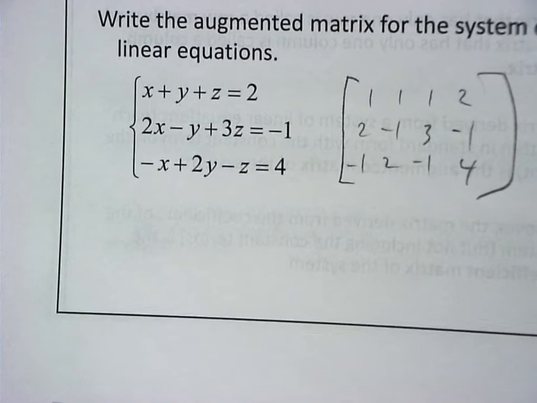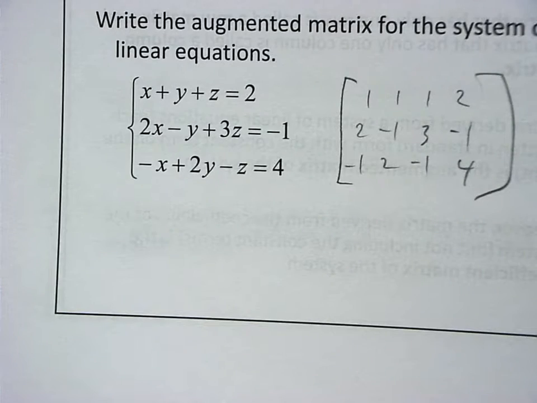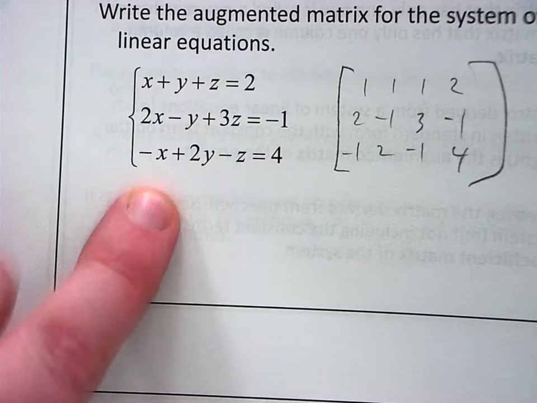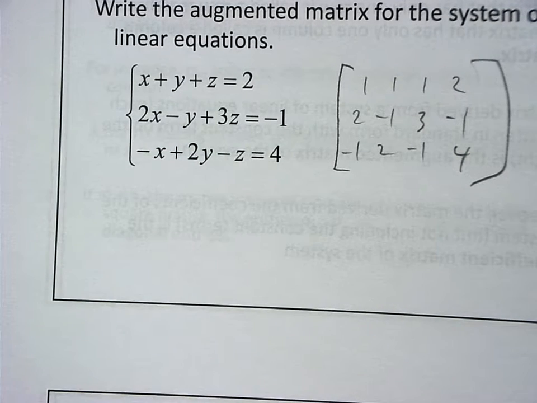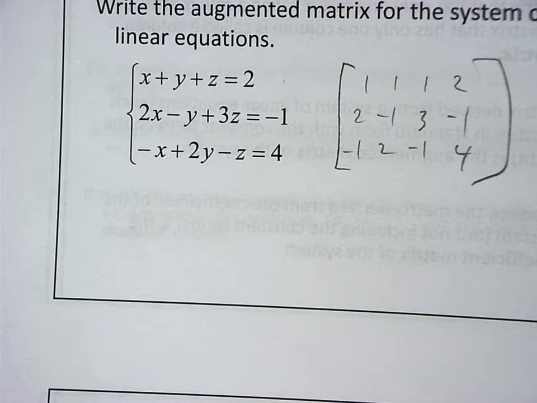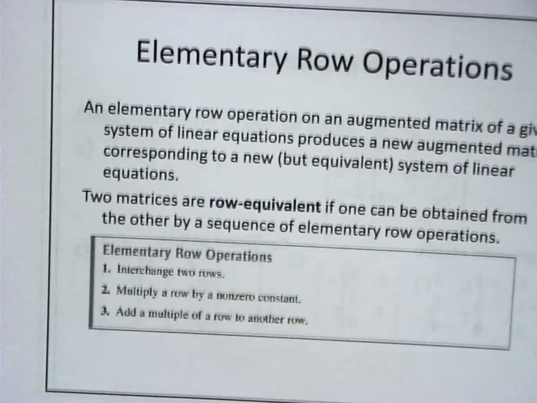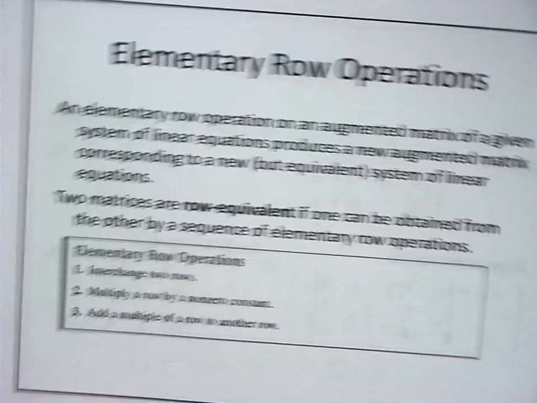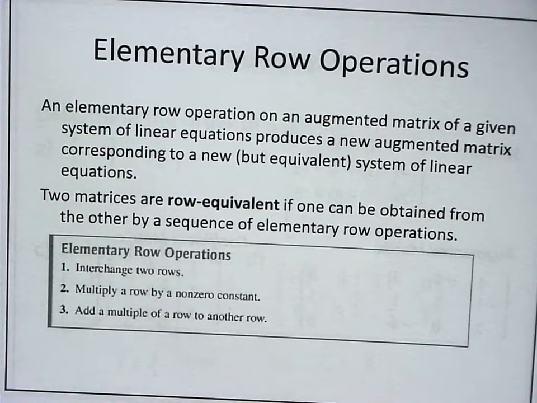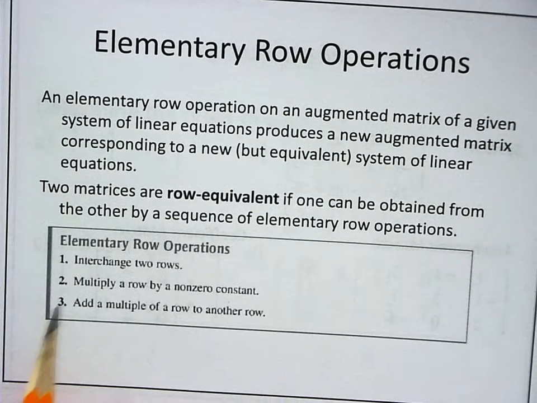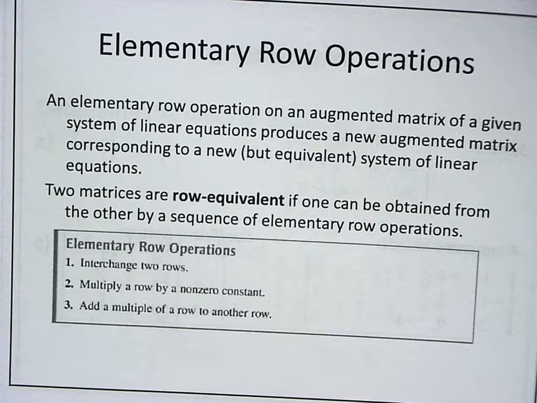Okay? What we do with them after the fact is actually something we've already done before. We've done it with versions of these equations and used some basic manipulations to get them into a simpler form. Well, these are what are called elementary row operations when we're talking about a matrix. Once you have that augmented matrix, you can always swap two rows of the matrix. Well, that's the same thing as switching the order of the equations, right?